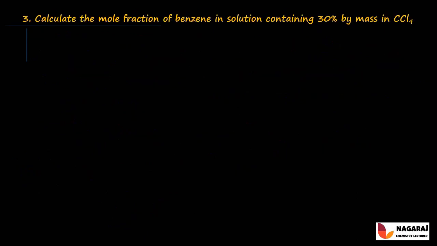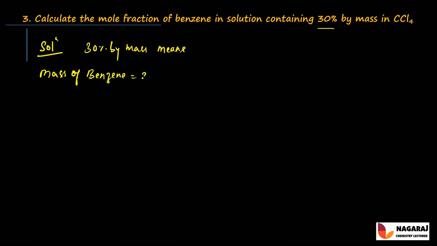Let us take one more problem to calculate the mole fraction, that is calculate the mole fraction of benzene in a solution containing 30% by mass in CCl4. 30% by mass means mass of benzene is equal to 30 grams and mass of CCl4 is equal to 70 grams and mass of solution is equal to 100 grams, right?